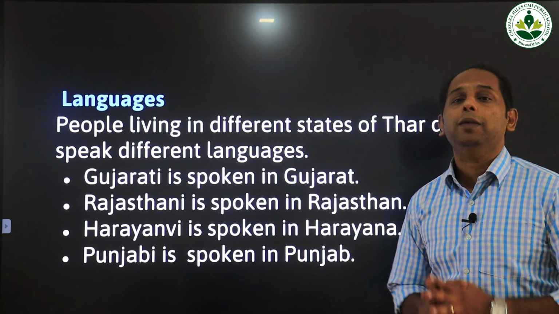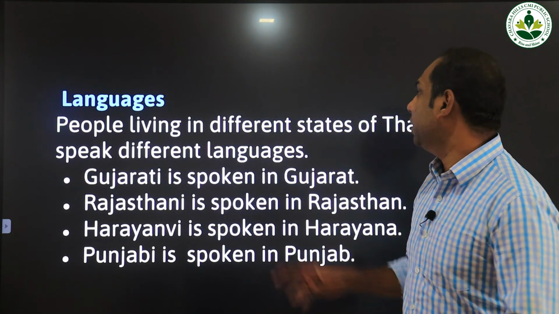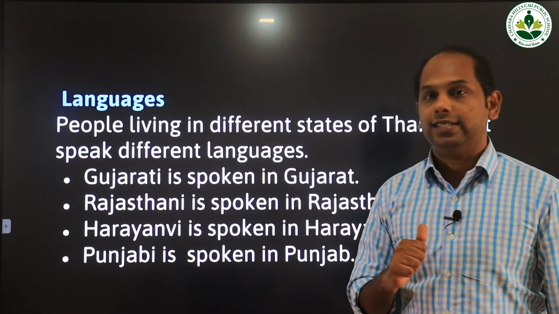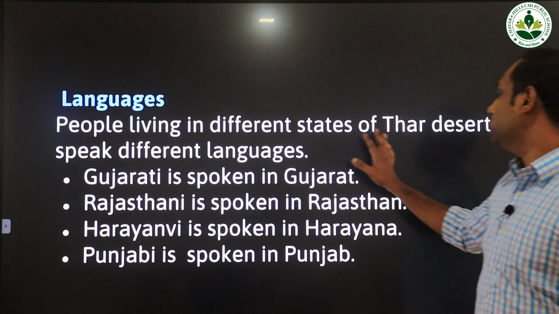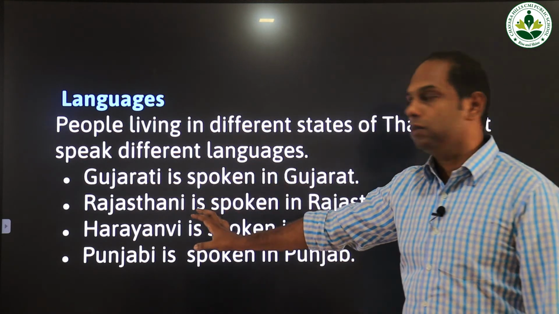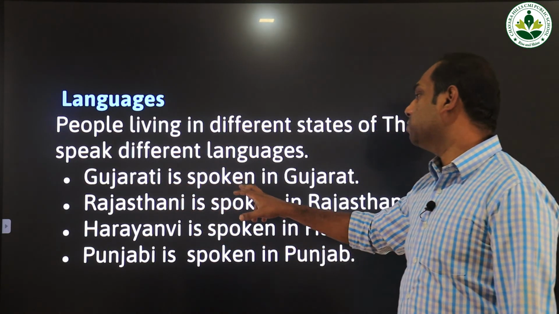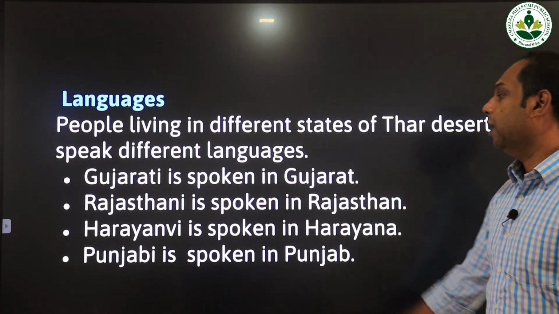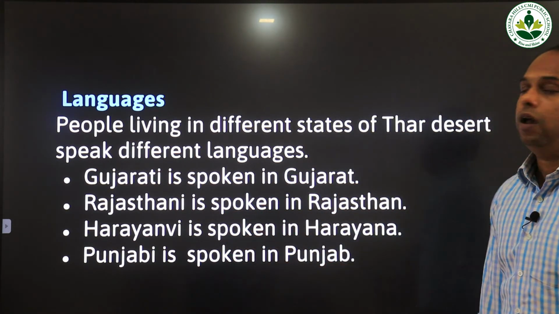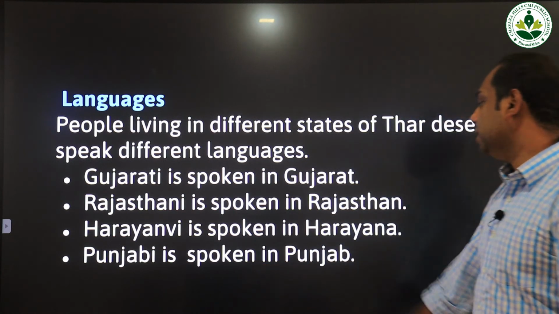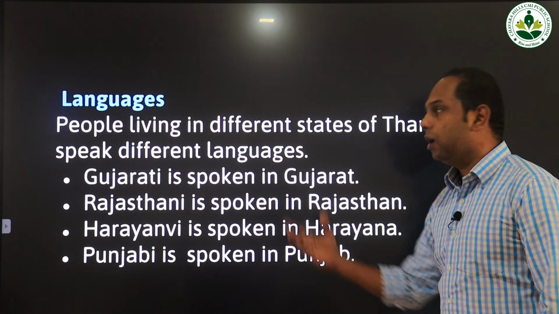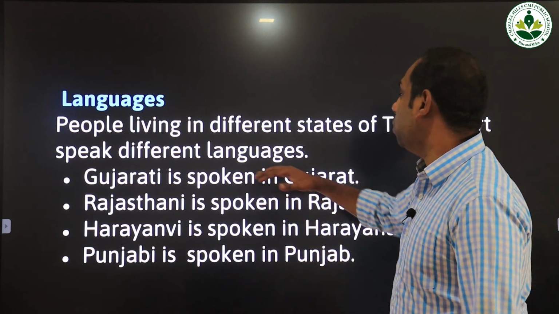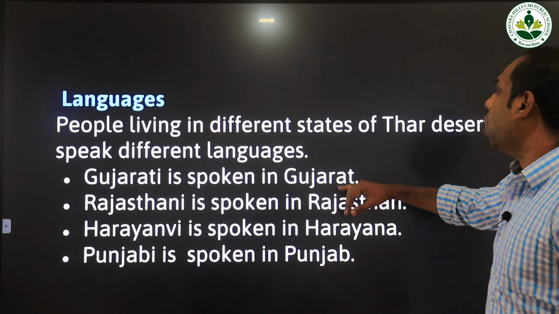Now we will be studying the major languages spoken in the different states of the Thar Desert. The people living in the different states of the Thar Desert speak different languages.